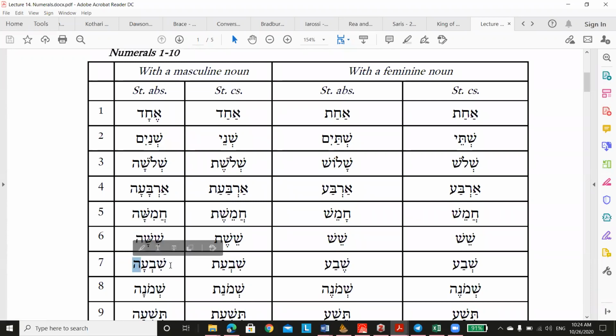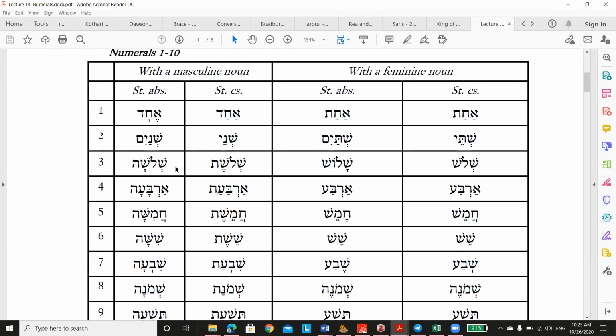Yes, Prof. So this is one issue that we need to remember. Starting with number 3, all numbers should take the opposite gender. For example, if I want to say 3 men, I need to say shelosha men, or sheloshet men.